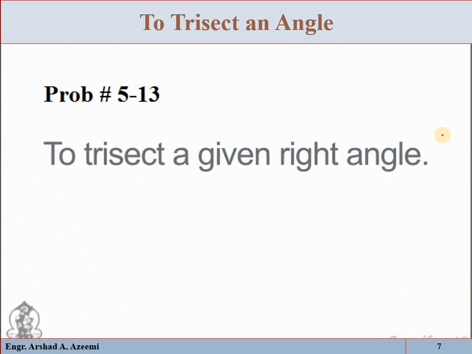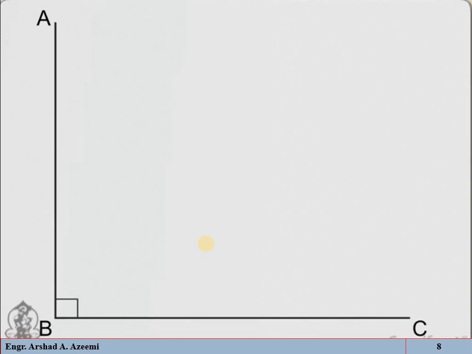Now to trisect a given right angle. Suppose a right angle is given, how will it be divided into 3 equal parts? Let ABC be the given right angle. Now with center B and any radius draw an arc, which will cut AB and BC at 2 points.